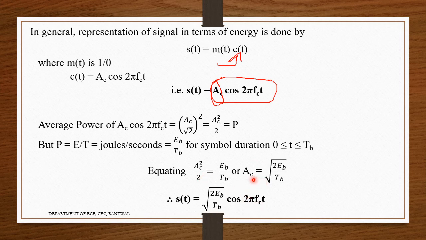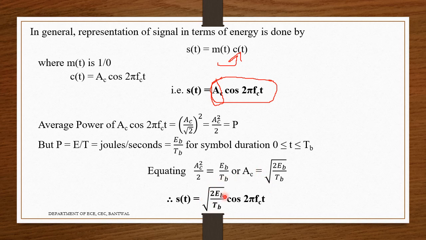What I require is AC, so 2EB divided by TB, and the square root of 2EB by TB. Therefore S of t is equal to square root of 2EB divided by TB into cos 2 pi FCT. This is the general form that I will be carrying through all the derivations.